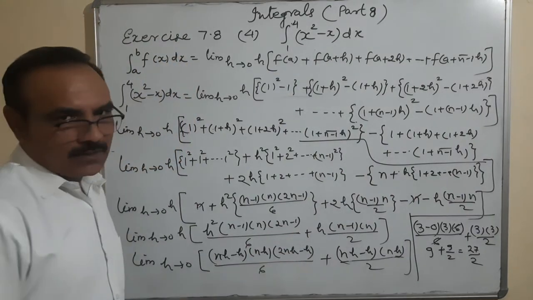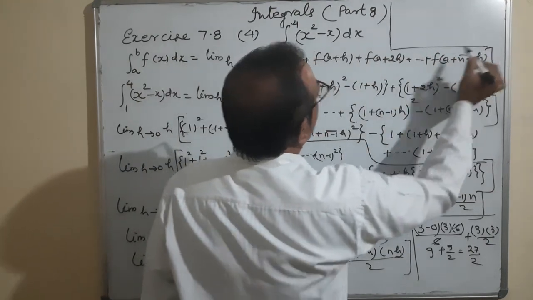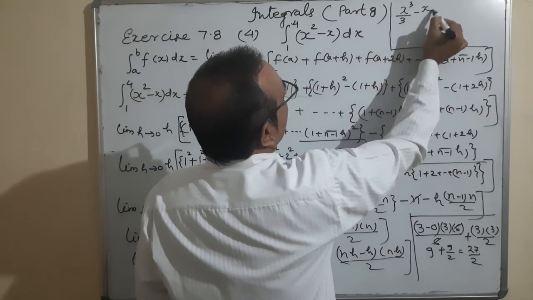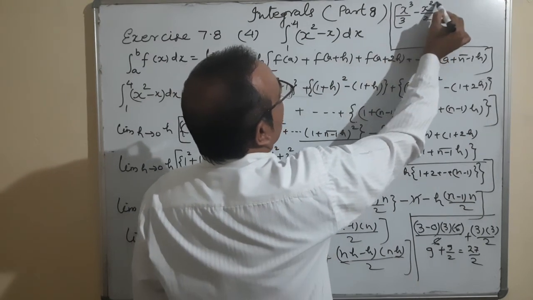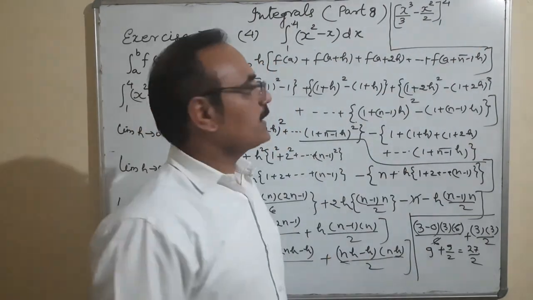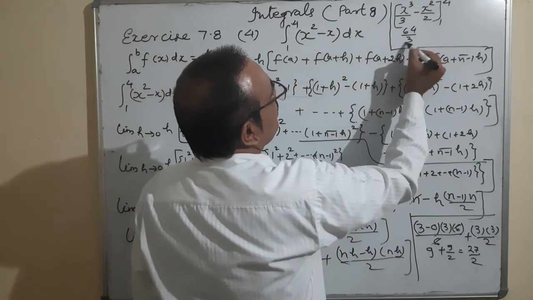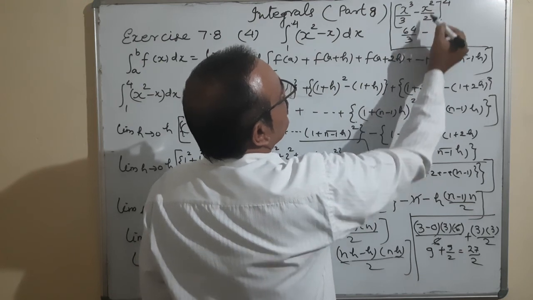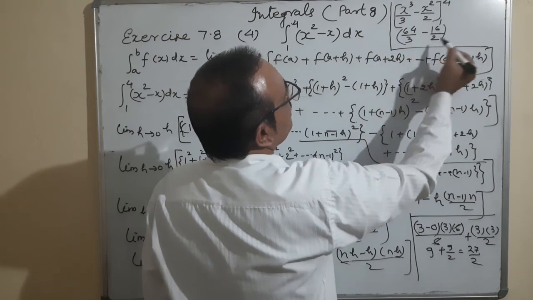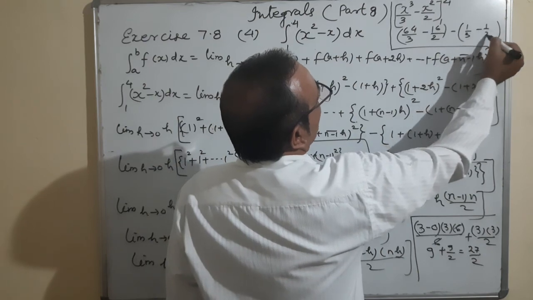Now let us check whether this answer is true or not. Integrate this term: x cube upon 3 minus x square upon 2, limit 1 to 4. First I have to put 4 in place of x. 4 cube is 64 upon 3 minus 4 square, 16 upon 2, upper limit minus lower limit, 1 upon 3 minus 1 upon 2.